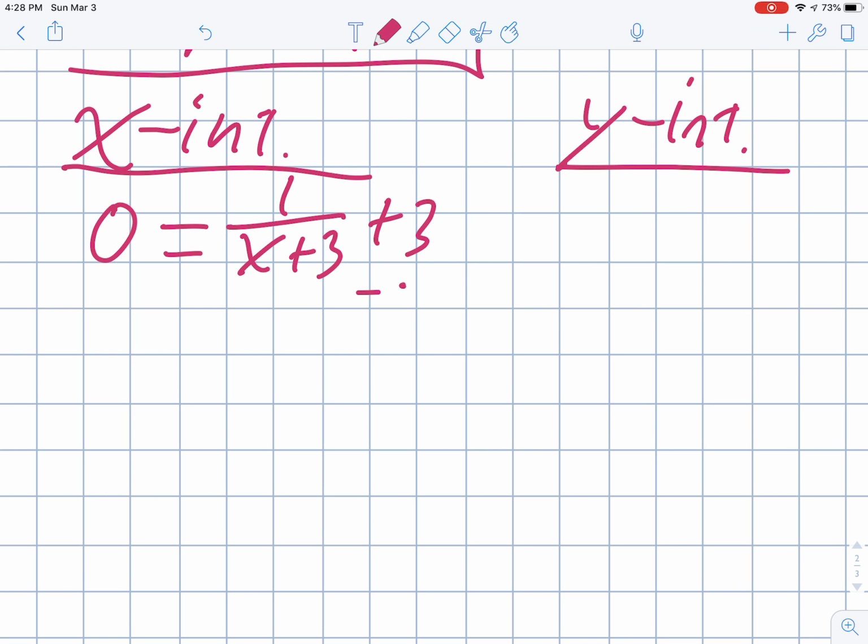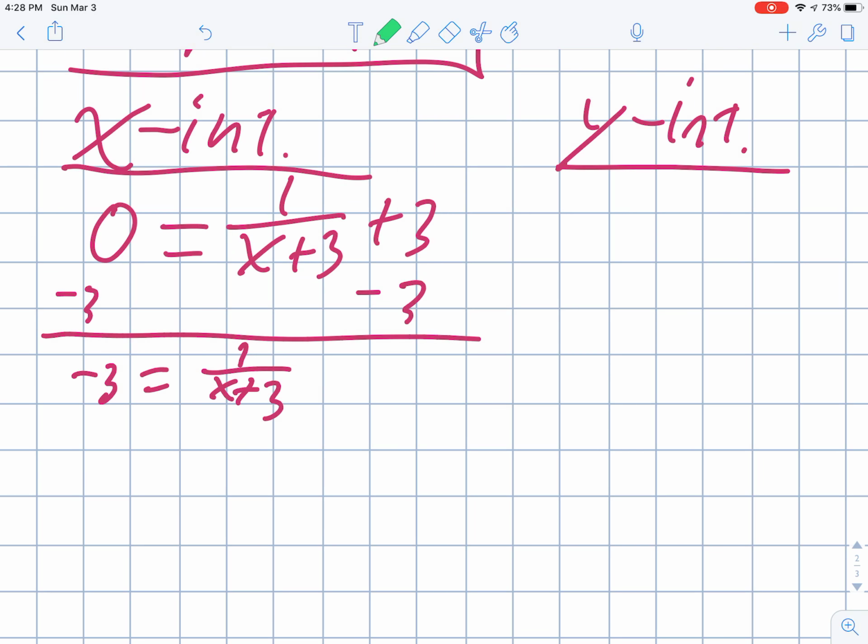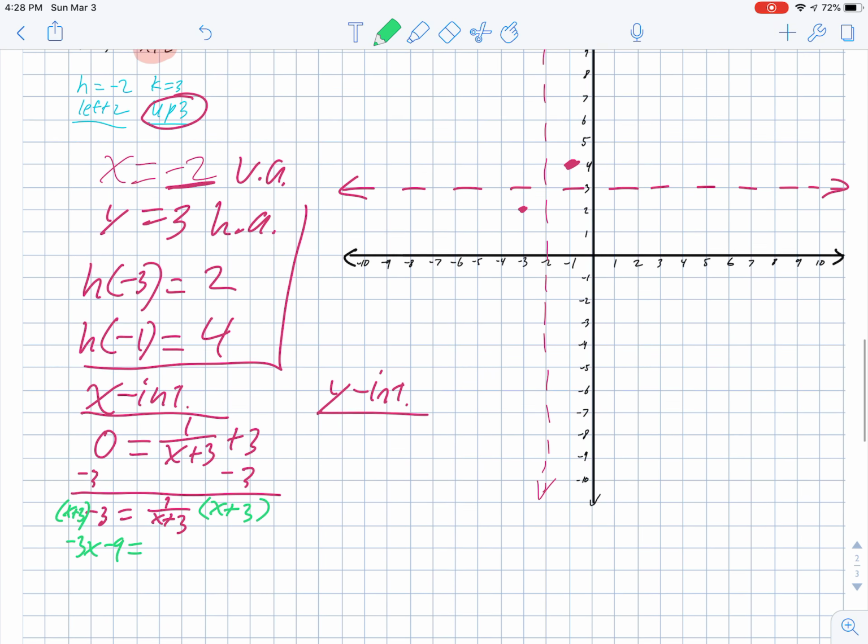So I'm going to subtract the 3 from both sides. And then to clear out that fraction, I'm going to multiply both sides by the denominator, which is x plus 2. And so on the left side, we have negative 3x minus 6. On the right side, we have, wow, I wrote the wrong thing there, didn't I?